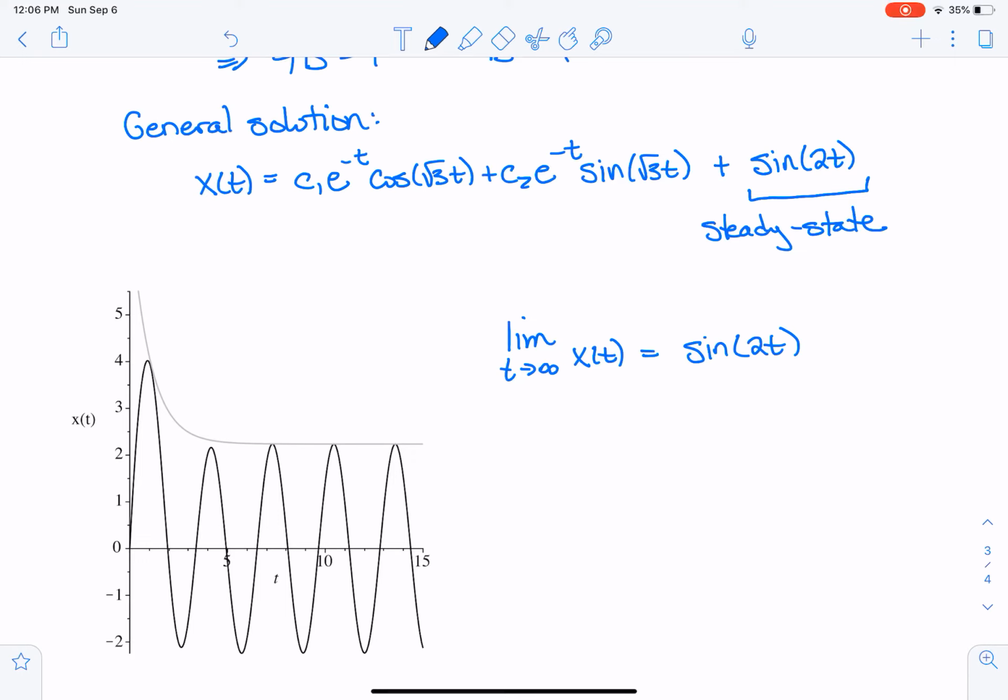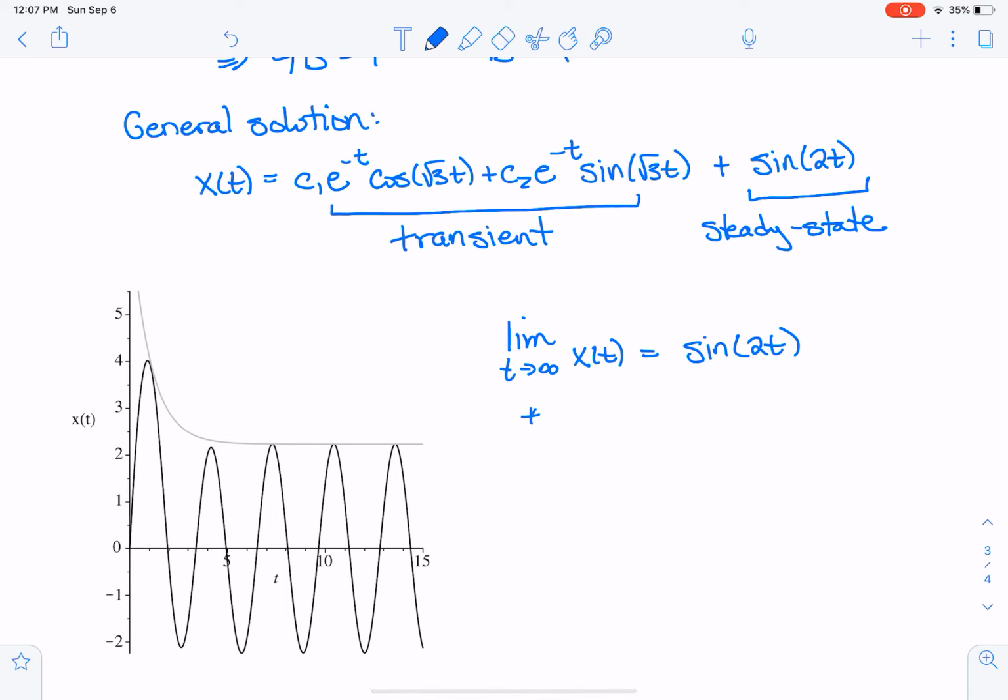So the part that has to do with the natural frequencies of the system, that's not the forced oscillation, that solution is called the transient solution. And the transient solution is going to die out over time because it decays exponentially, leaving us just with the steady state. And notice that the steady state is at the same frequency as the forced oscillation.